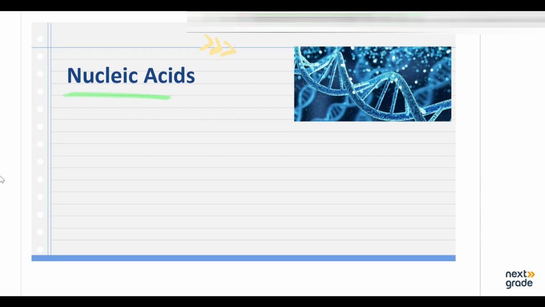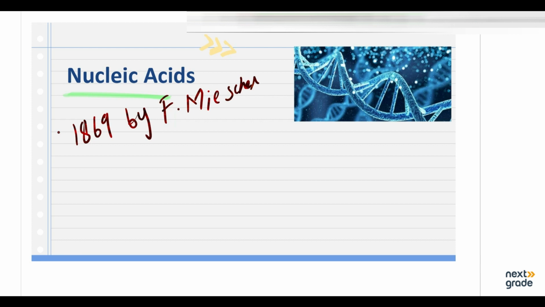Nucleic acid was first isolated in 1869 by F. Miescher. He was the first person to isolate a nucleic acid. Due to their isolation from the nuclei and their acidic nature, they were named nucleic acid.